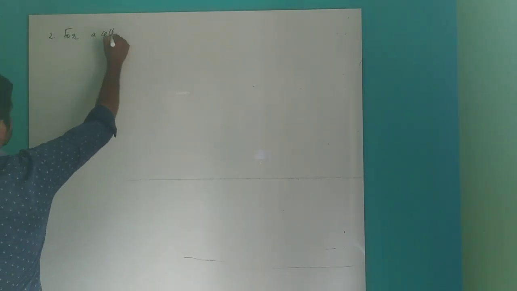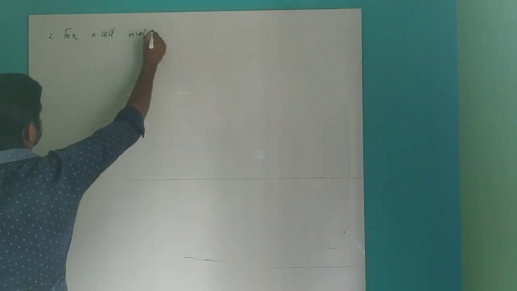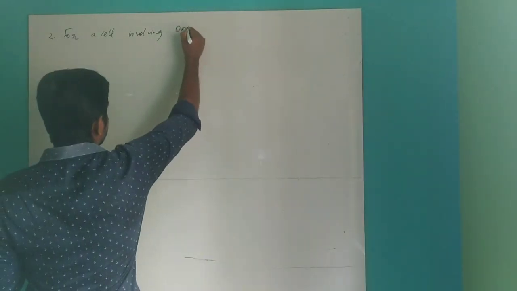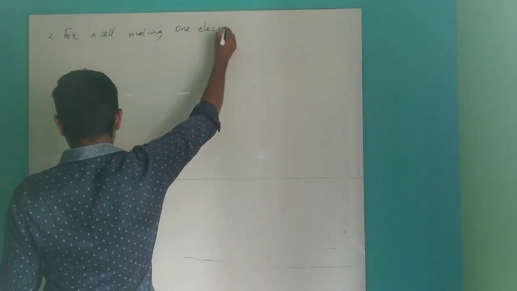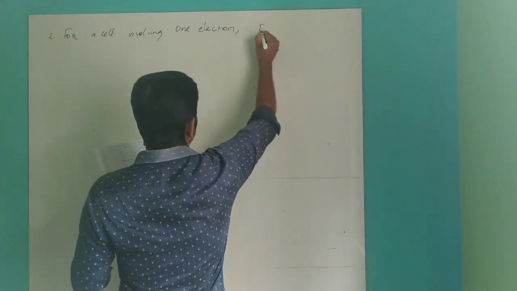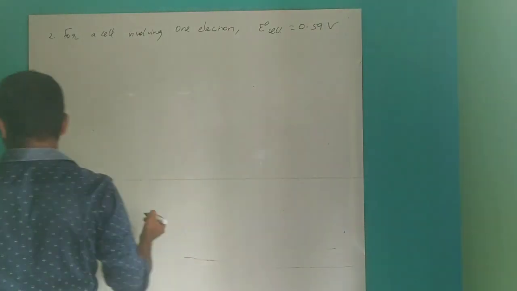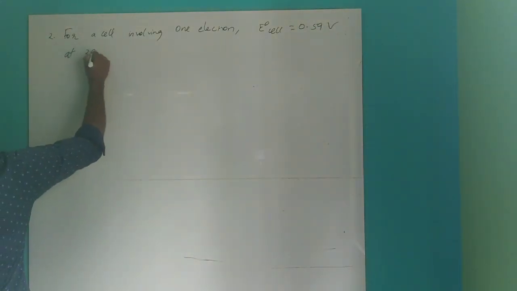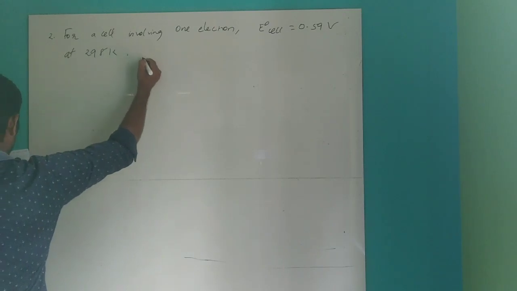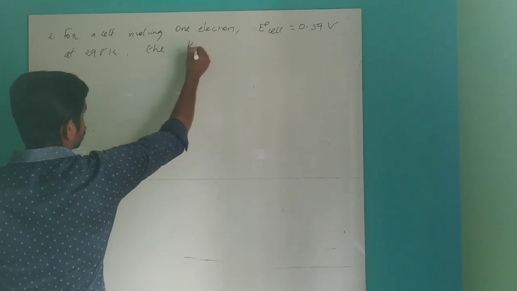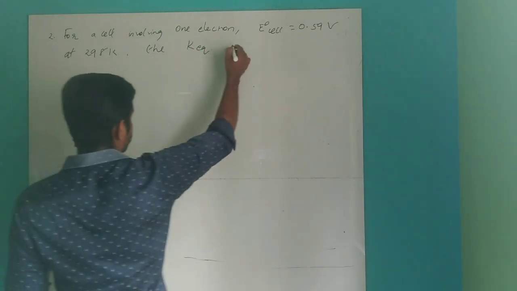Second question: for a cell involving one electron, E0 cell is equal to 0.59 volt at 298 Kelvin. The equilibrium constant of the cell reaction is how much?